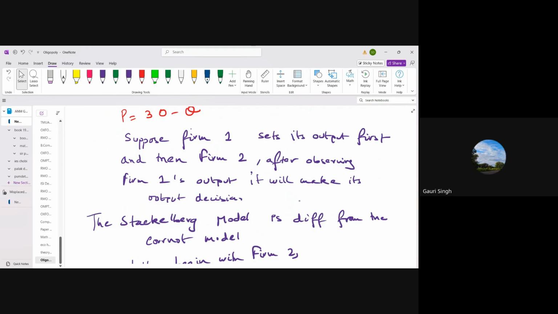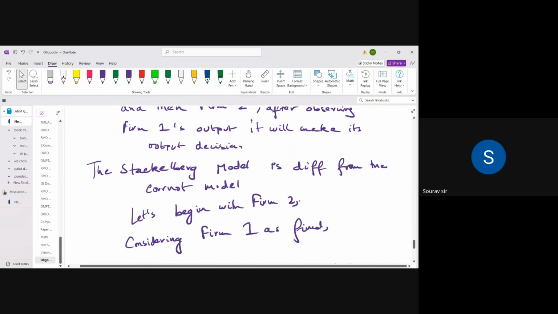Okay, so suppose firm 1 sets its output first, and then firm 2, after observing firm 1's output, will make its output decision. Correct? So the Stackelberg model is different from the Cournot model. Let's begin with firm 2.